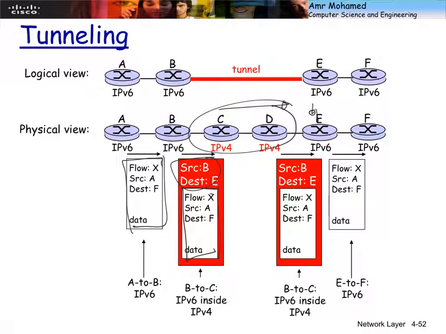So even quality of service based on labels can still be done within an IP address version 6 network. Once you switch to IP address version 4, you can do prioritization only not based on the flow, but based on the differentiated service field inside IP. But when you switch back, when you do decapsulation, you can go back to IP address version 6 and perform quality of service in any way you want for IP address version 6.